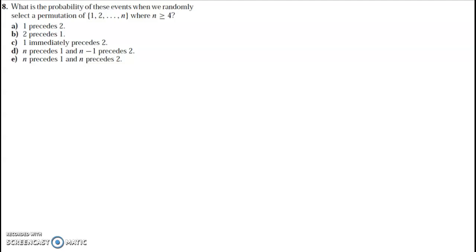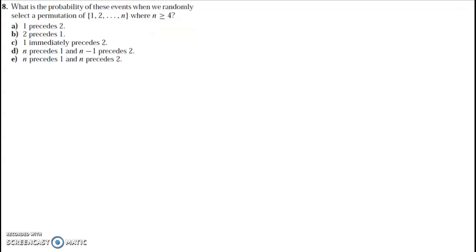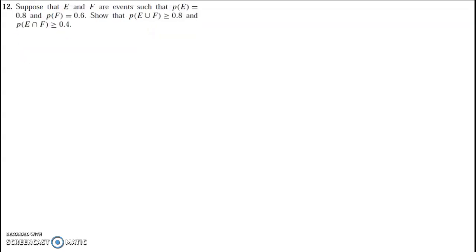Alright, so let's go ahead and work on the next problem, which is number 12. Suppose that E and F are events such that the probability of E is 0.8 and the probability of F is 0.6, and we have to show that this is the case.